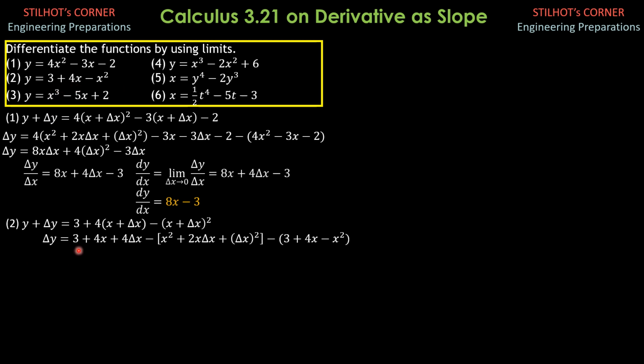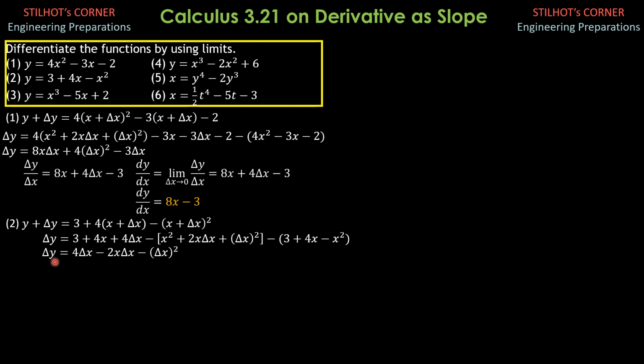So for delta y, we can eliminate 3 again, 4x and negative 4x out, negative x squared and negative of negative x squared out. So we just write 4 delta x, then minus 2x delta x minus delta x squared. So that would be the remaining terms.